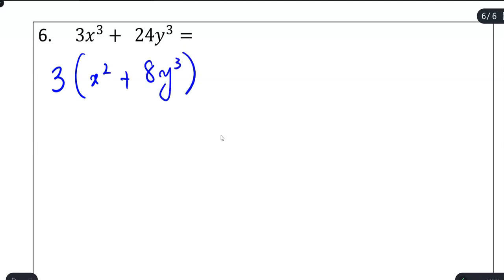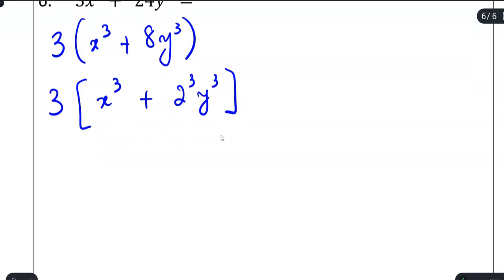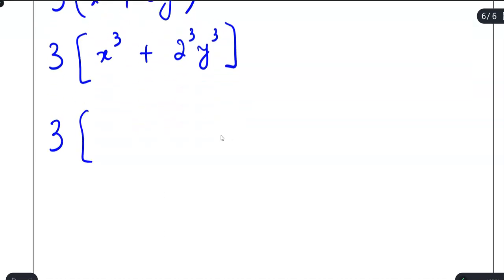And then you see 8 is a perfect cube. So it's 2 cubed y cubed, right? Okay, so I'm going to rewrite this as (2y), all of it to the exponent 3.